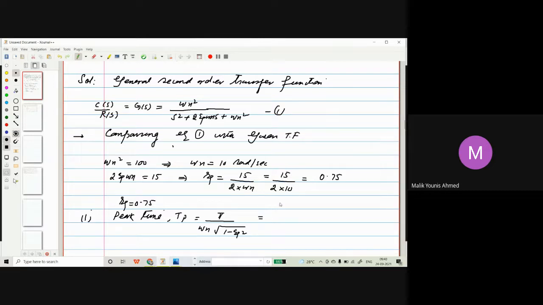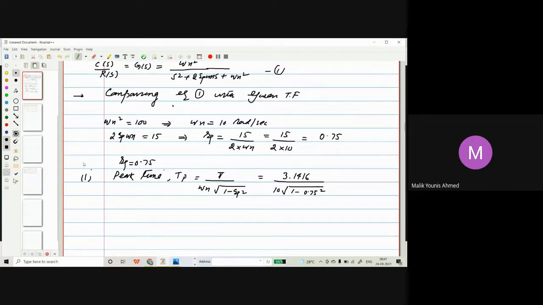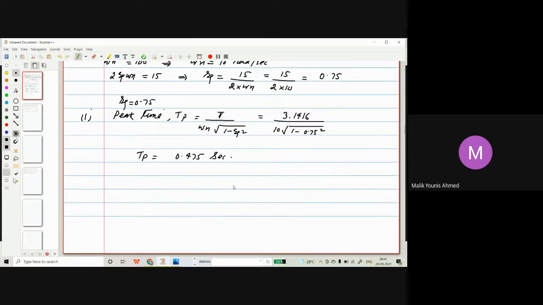Substituting, 3.1416 divided by 10 under root of 1 minus 0.75 square. You can use your calculators. Peak time you will get as about 0.45475 seconds. Nothing new in this case, the numerical is very easy, just to get familiar.